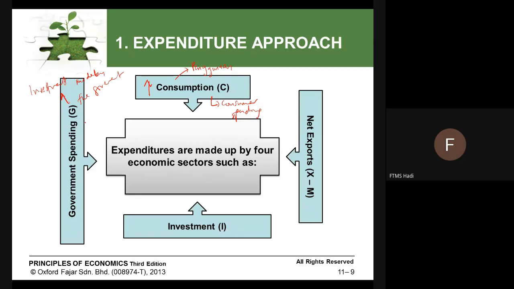So whatever government spends, the increase in government spending will lead towards national income as well, because it's like doing investment and later expected to get their money back in the future. And this one is more on investment.